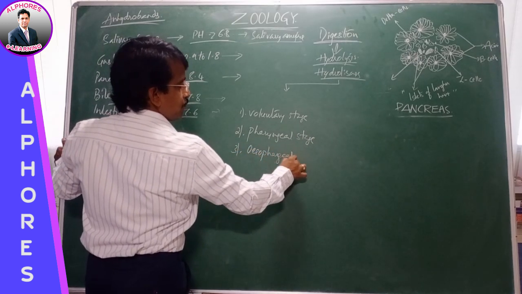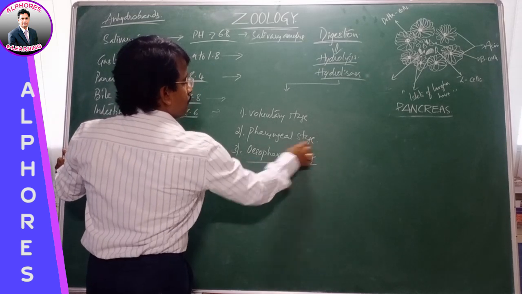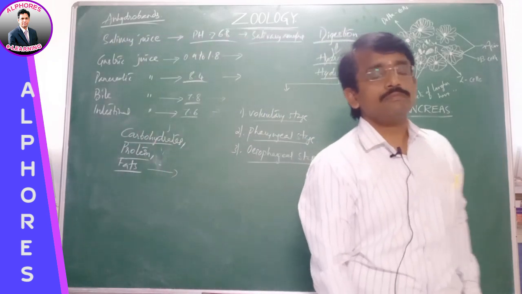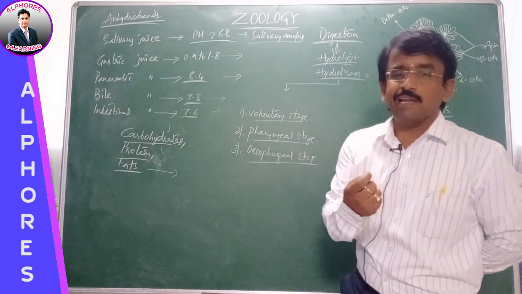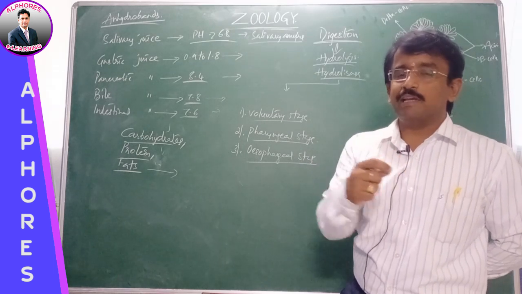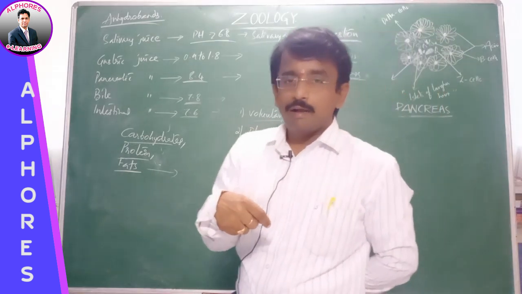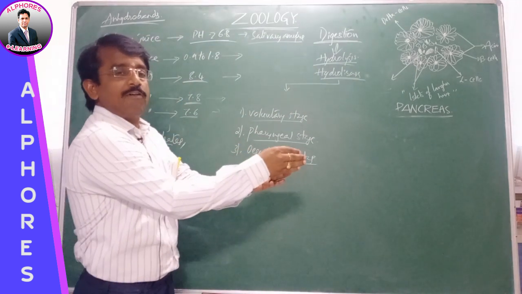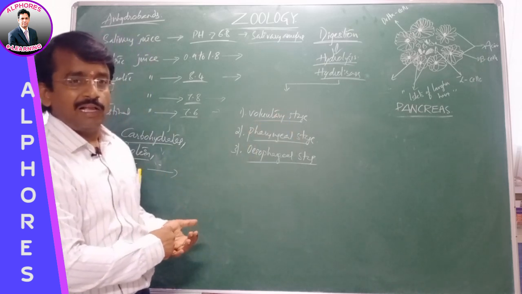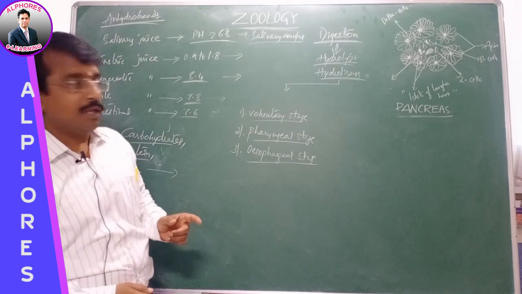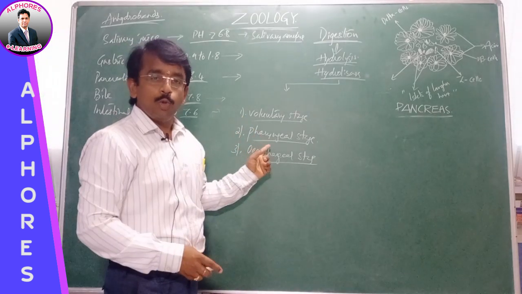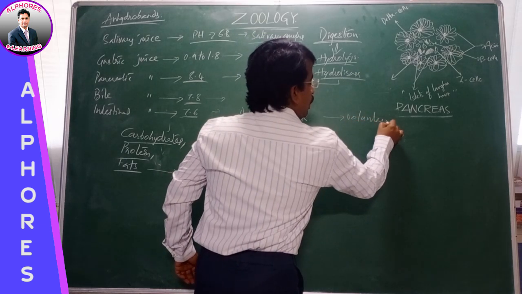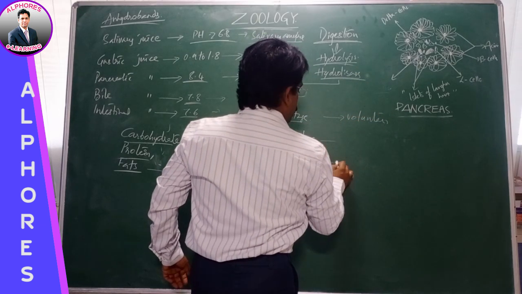Generally, deglutition or swallowing is the process of taking food into the oral cavity, from where it is pushed into the pharynx and esophagus. This deglutition or swallowing is both voluntary and involuntary.